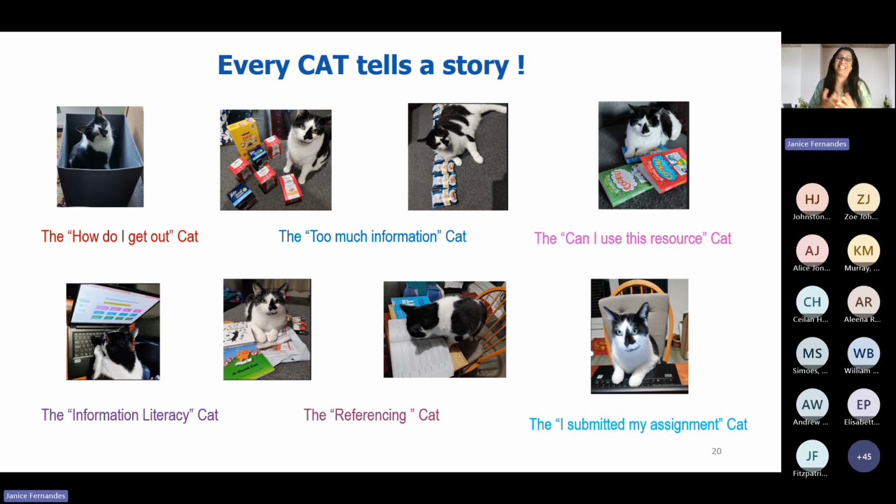The information literacy cat, which took some time to actually shoot that one. But then there is the referencing cat, and I submitted my assignment cat. And as I go through these, in the course of an hour, I'm asking students which one of these is you. And I think that little bit of humor gets students really interested and gets students engaged, and it resonates with them.